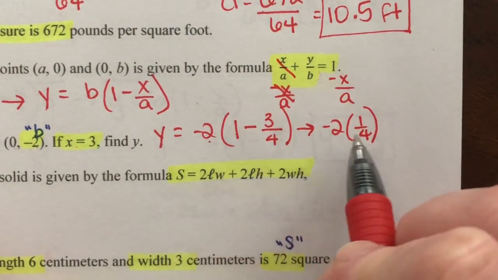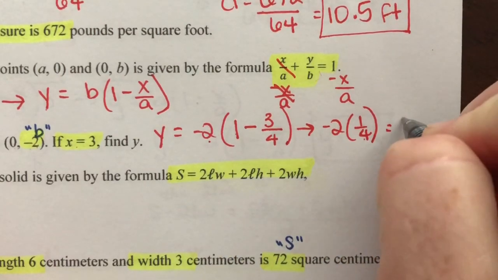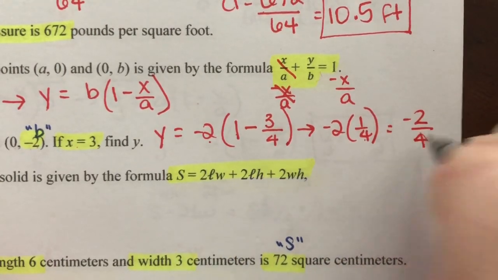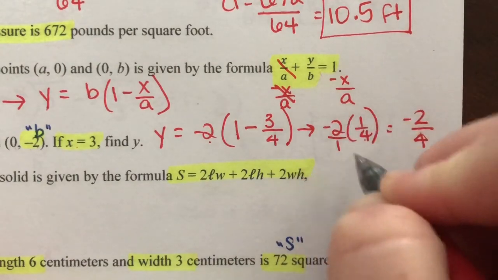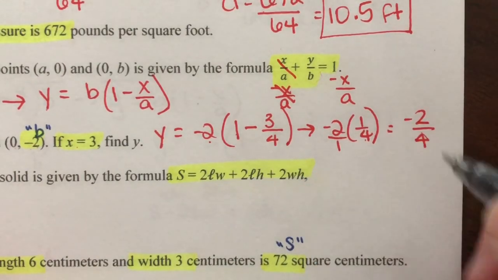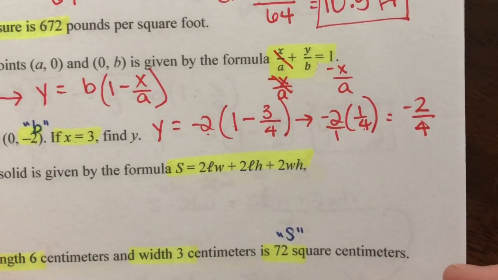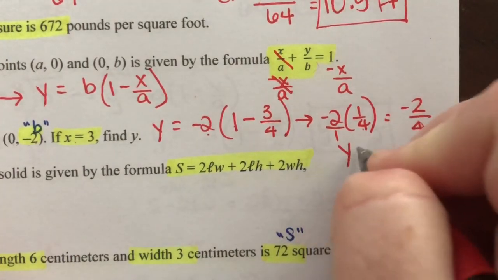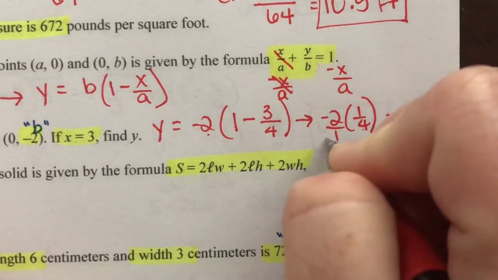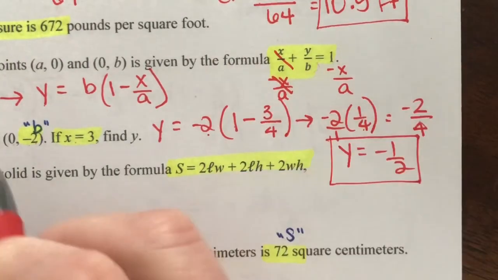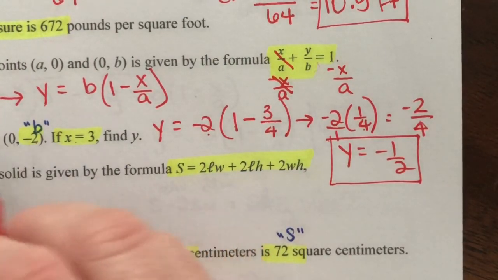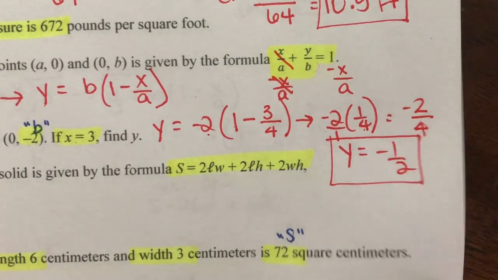And -2 times 1/4 is -2/4, right? Put a 1 under it, multiply straight across the top, straight across the bottom, which is -1/2. So y equals -1/2 when x is 3, a is 4, and b is -2, like it tells us in the problem.